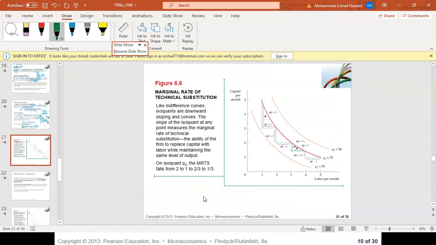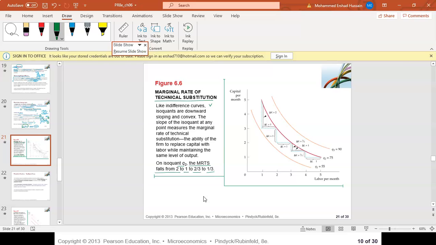Now, this is what they are showing us. We have explained the marginal rate of technical substitution, but we want to show you why it will decrease. On isoquant Q2, look at that, MRTS falls from 2 to 1 to 2/3 to 1/3. So what is going on?